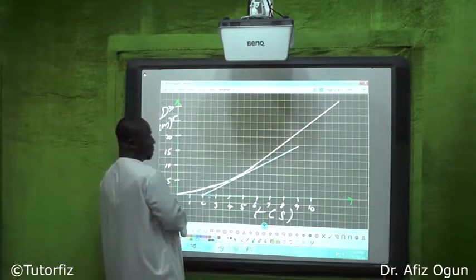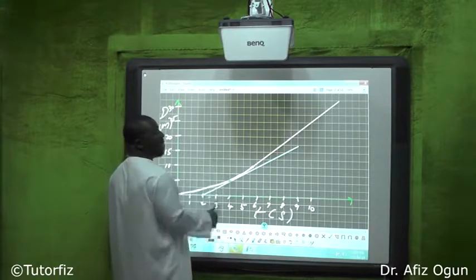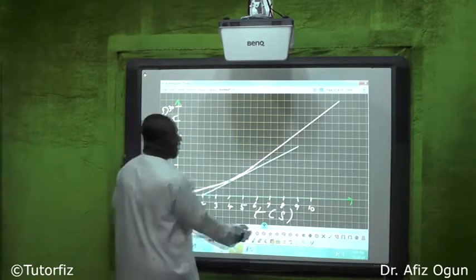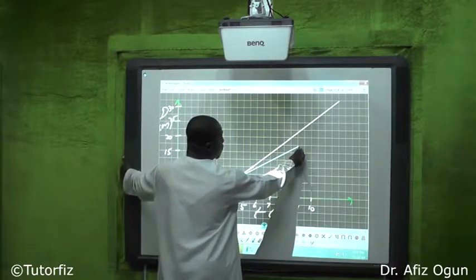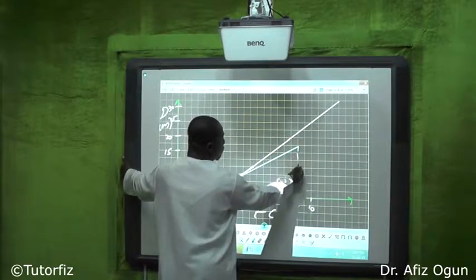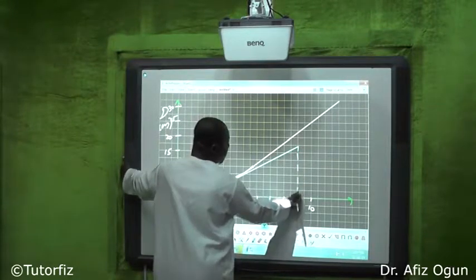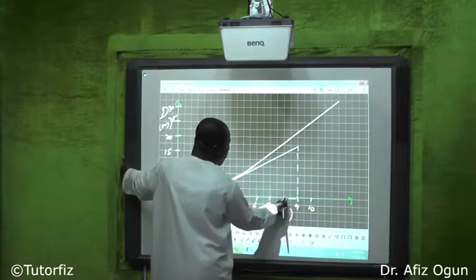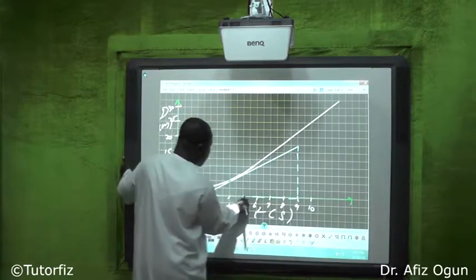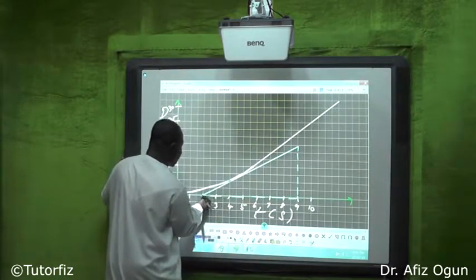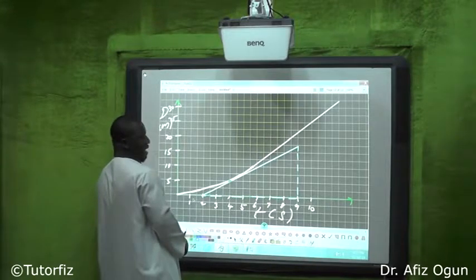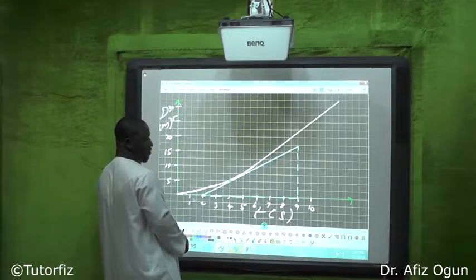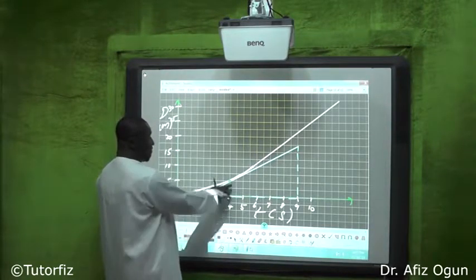Look at my line. Make that line the hypotenuse of a right angle triangle. I form a right angle triangle with that, and I made it the hypotenuse. I forget about that point.